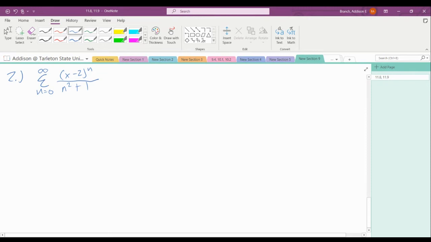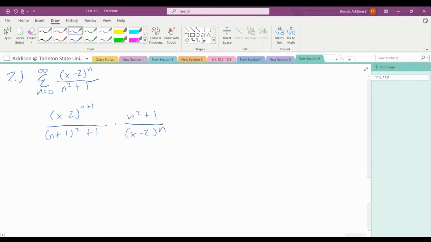Once again, we're going to start off by using our ratio test. So we can say that we have (x minus 2) to the n plus 1 over (n plus 1) squared plus 1, times n squared plus 1 over (x minus 2) to the n.